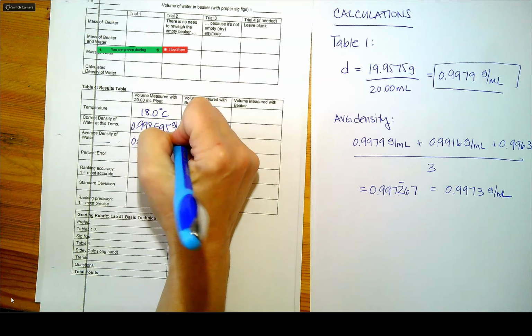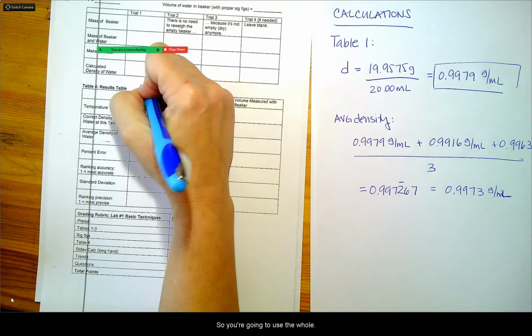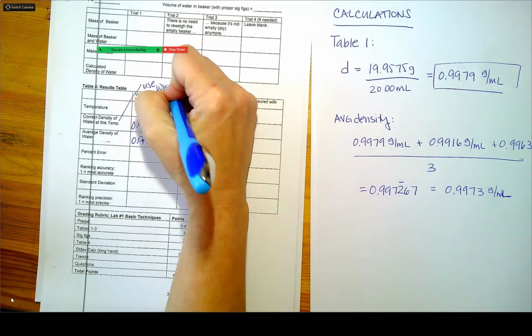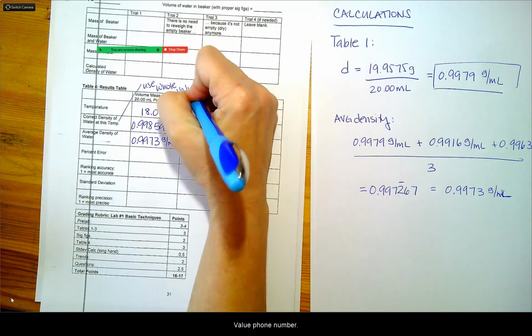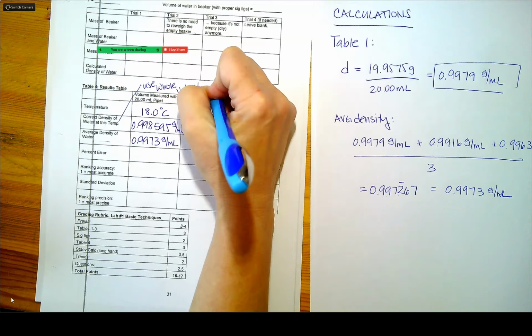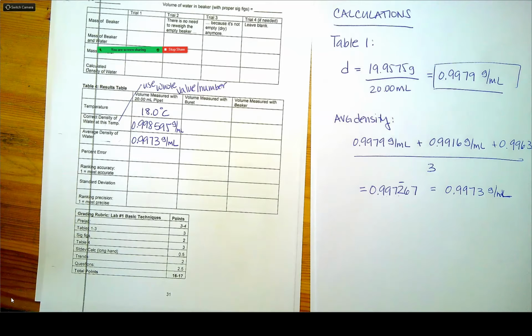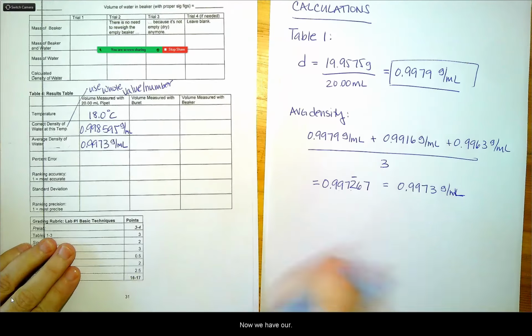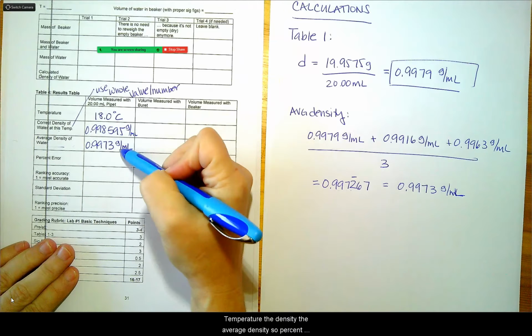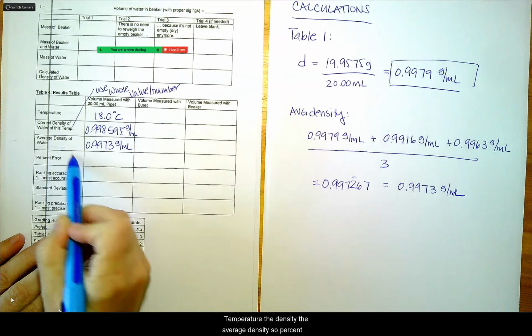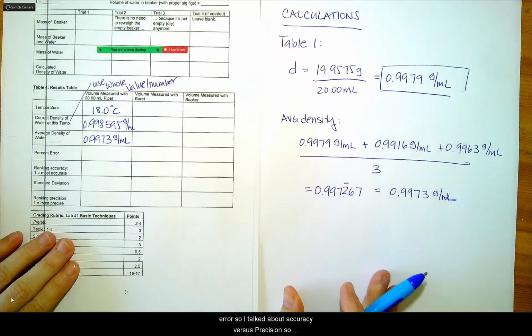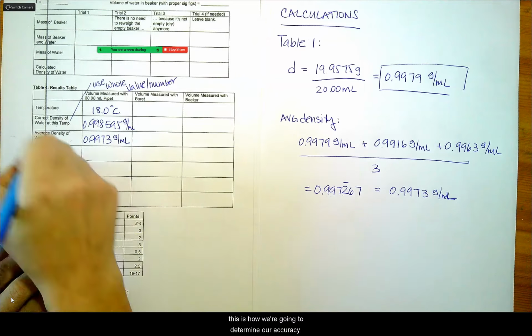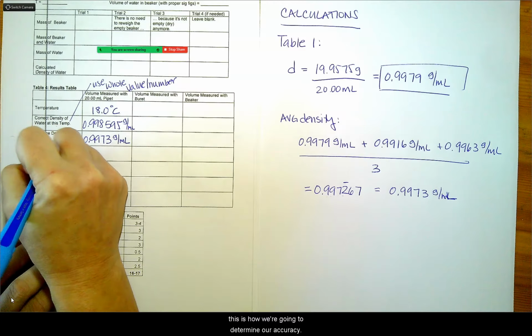So now we have our temperature, the density, the average density. So percent error. So I talked about accuracy versus precision. So this is how we're going to determine our accuracy.